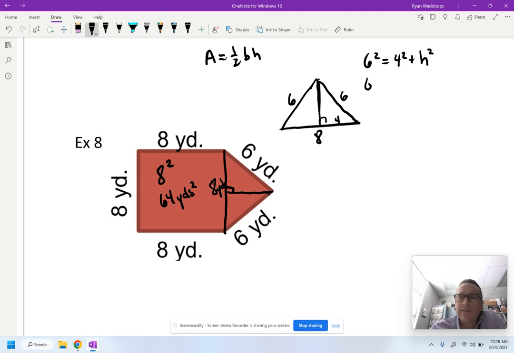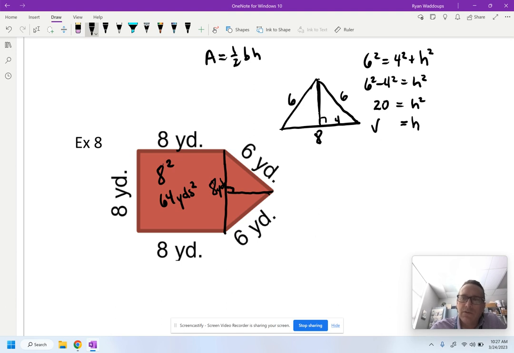And then 6 squared minus 4 squared equals the height squared. And again, I can plug that in my calculator. 6 squared minus 4 squared. You can do it by hand. It's not that hard. And that comes out to 20. So h squared equals 20.